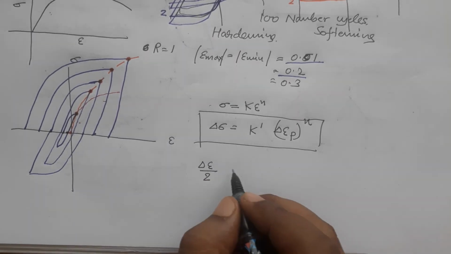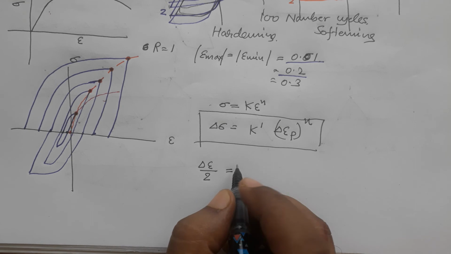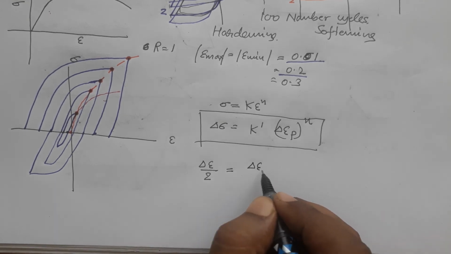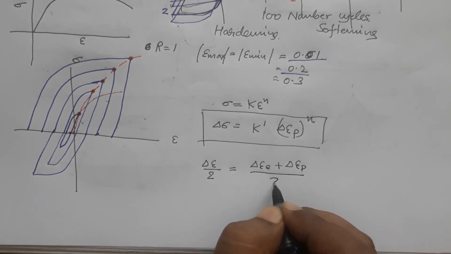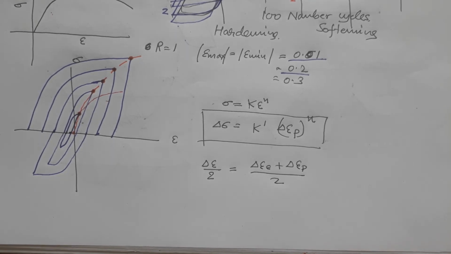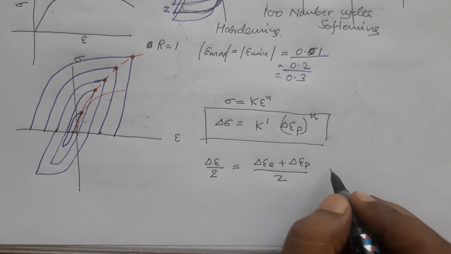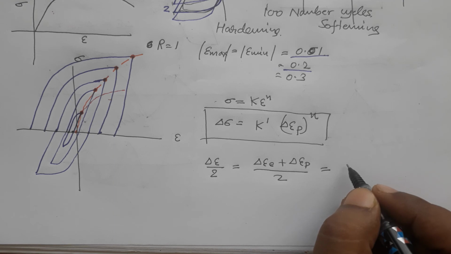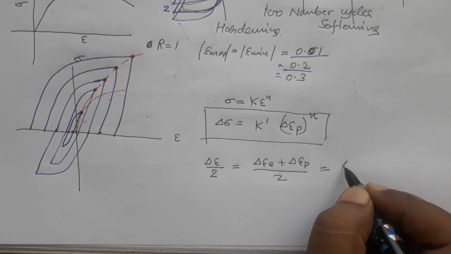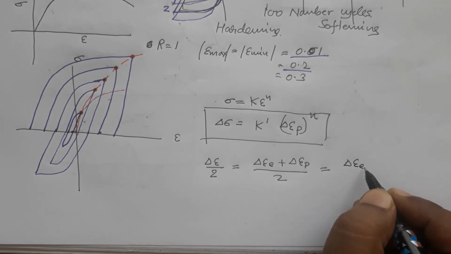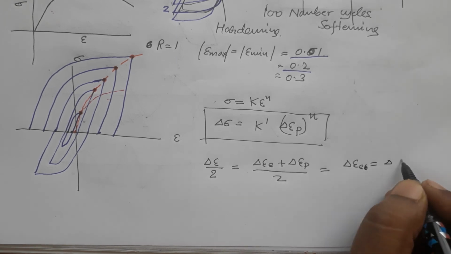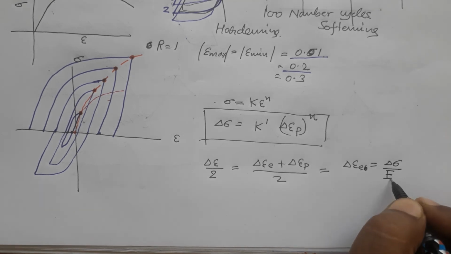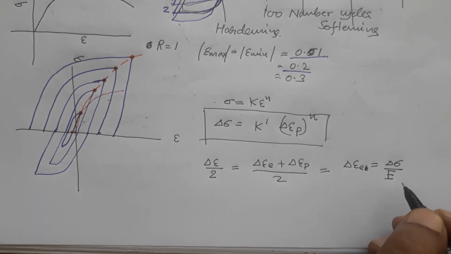So we take half of delta epsilon, and this delta epsilon is a part of elastic strain and plastic strain, right. So we can break it like this, and then for the elastic part again we can apply Hooke's law. So we can replace delta epsilon elastic with delta sigma divided by E, which is the Young's modulus.